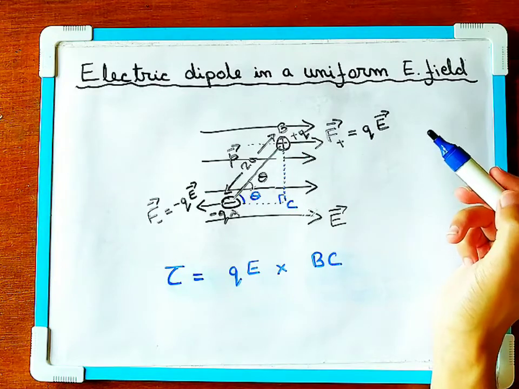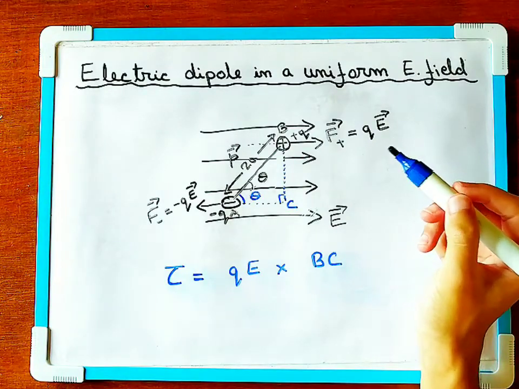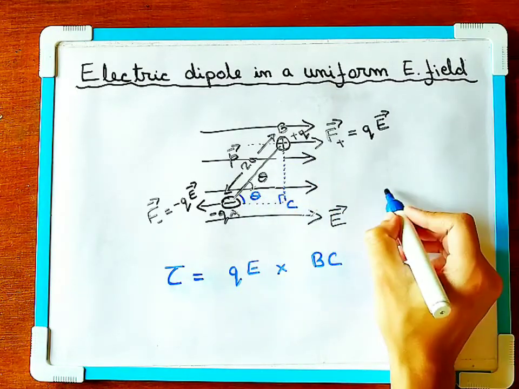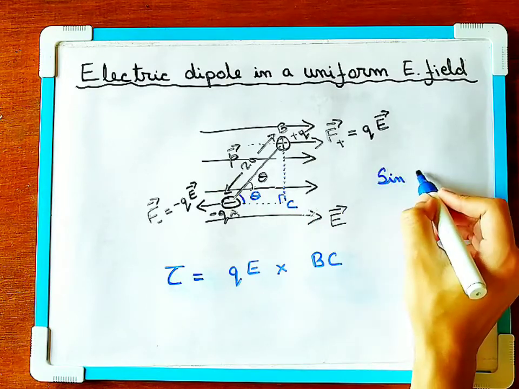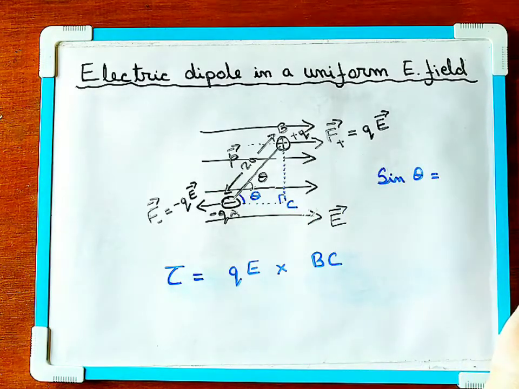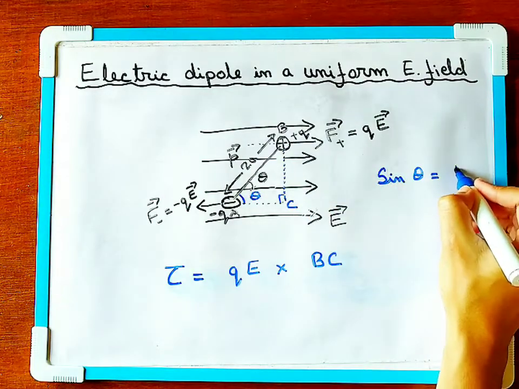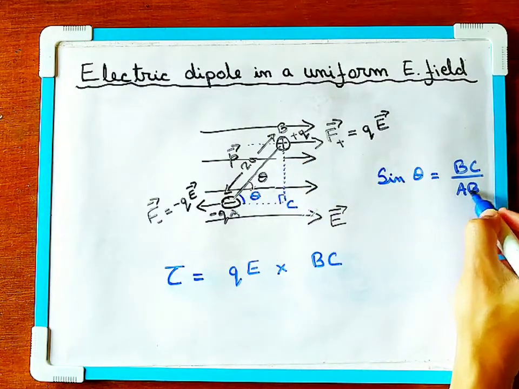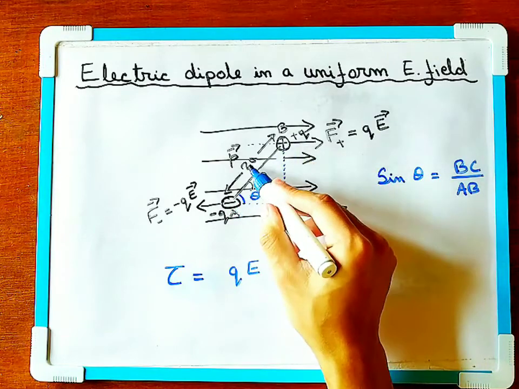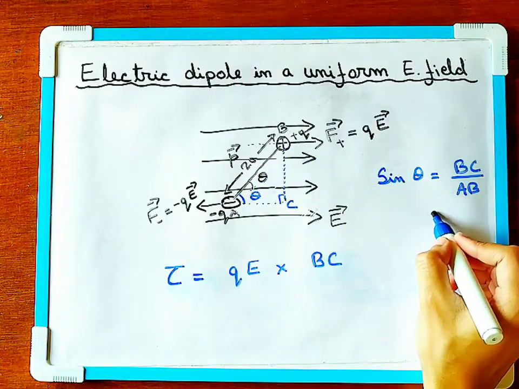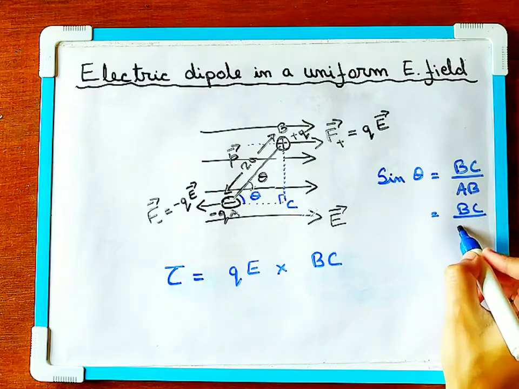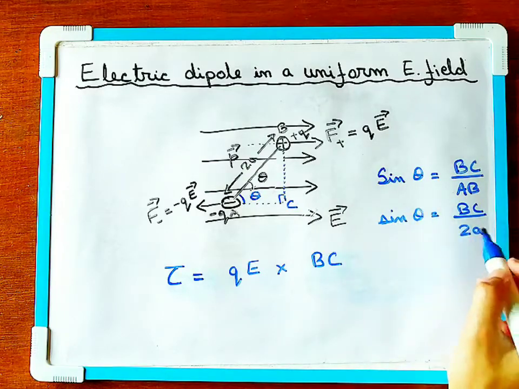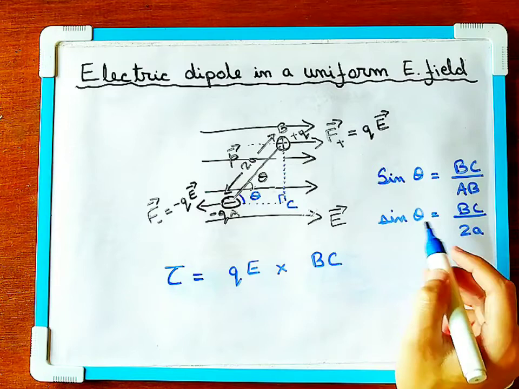So using one of the trigonometry formulas, sine theta is equal to perpendicular, which is BC, by hypotenuse, which is AB. Now AB is the dipole length 2A. So instead of AB, I'll write 2A. So here we have sine theta equal to BC by 2A, and upon cross multiplication, what do we get?